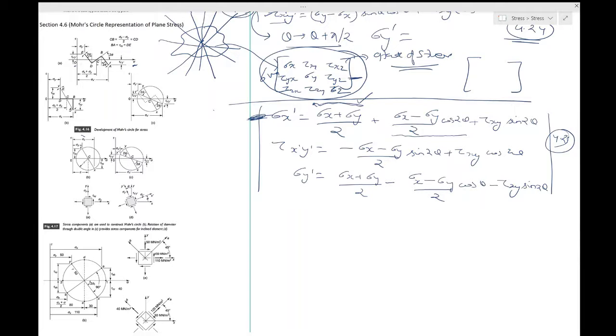The angle which CB makes with this sigma axis is 2 theta, and hence CB cos 2 theta will be this little length.